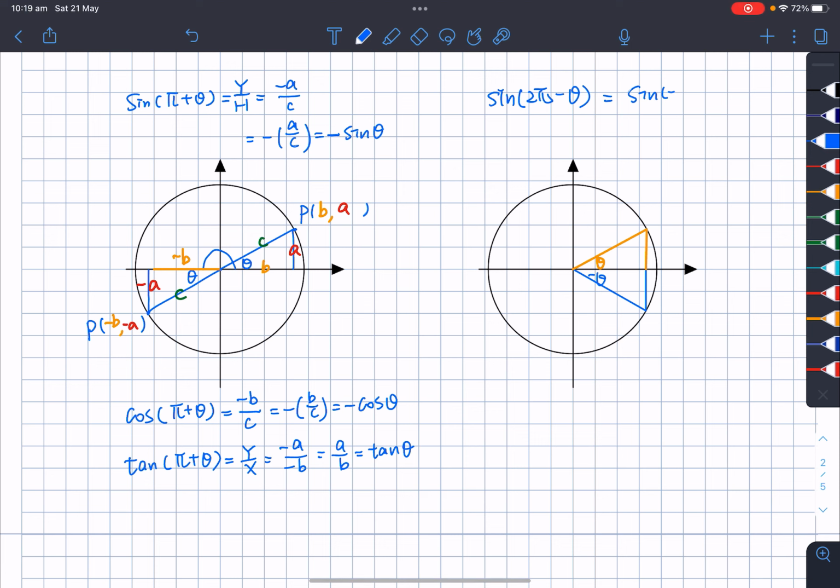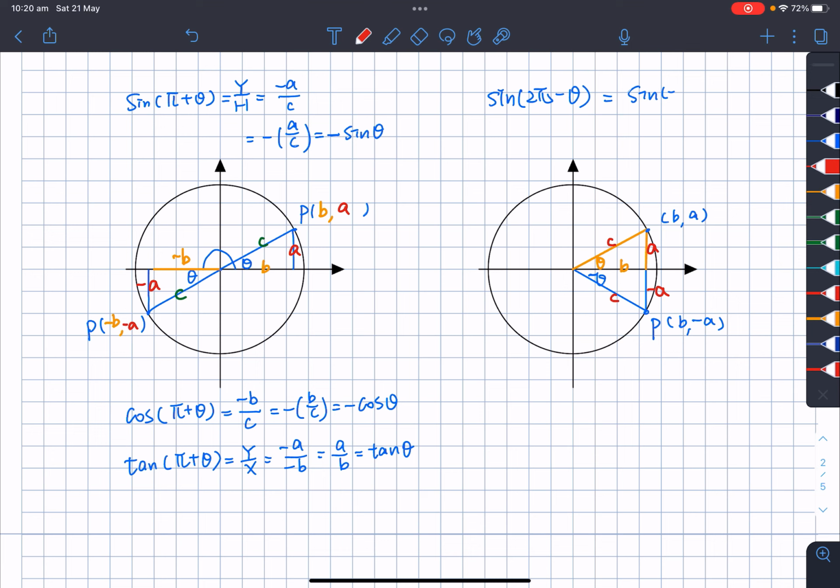Here's minus theta. Okay, here is B, A, here should be negative A, right? Point P, the coordinate here should be B, negative A. Here is B, A. See?